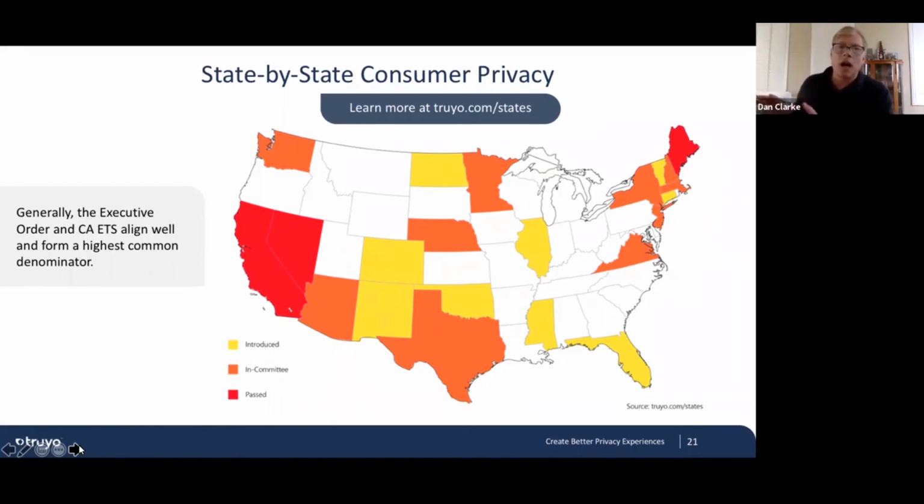They have special contact tracing processes that you need to follow to collaborate there. But generally speaking, I think the ETS is a good nationwide standard. We do have laws that are pending now in Washington State, Virginia, New York, North Dakota, Texas, Oklahoma, Minnesota.